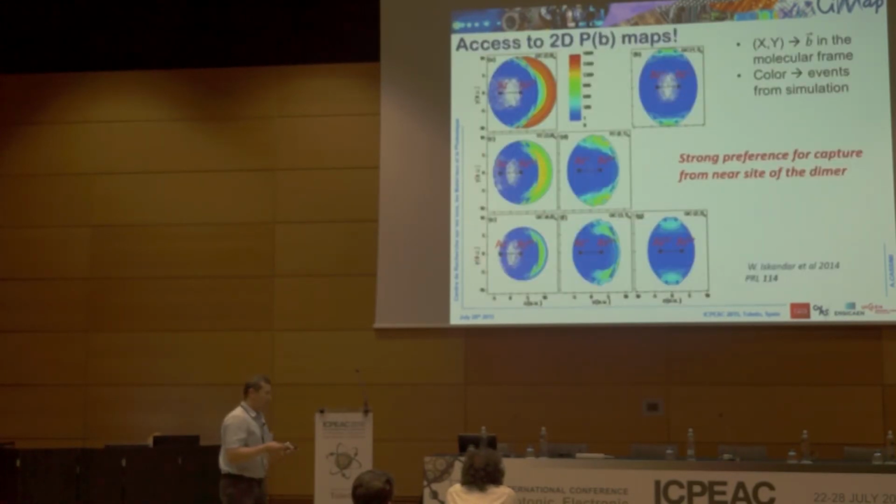With the calculation, since we have the agreement on the orientation, we can tell what the impact parameter was, because we have it in the calculation. And then you can plot these P of b 2D maps. Here, for example, to produce a pair of argon plus, the projectile has to pass at an equal distance from the two atoms.